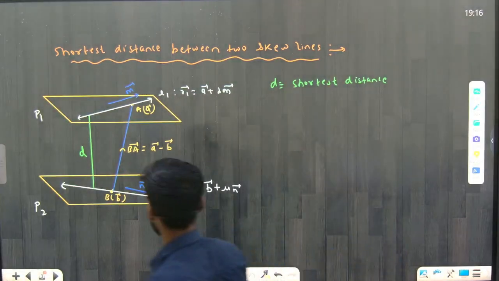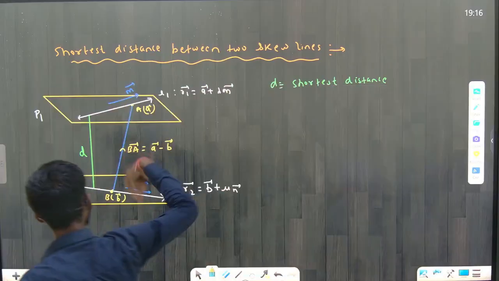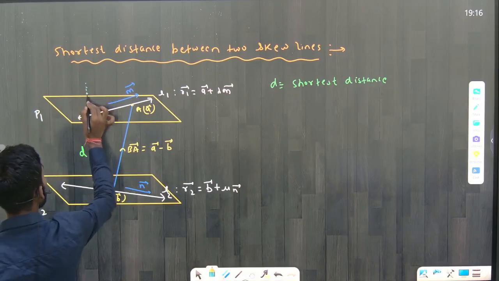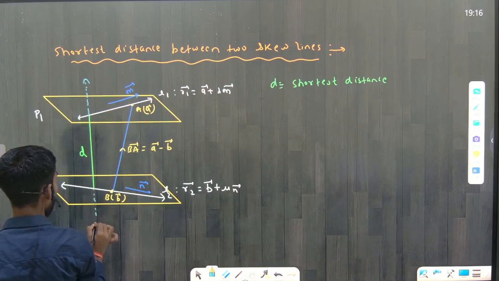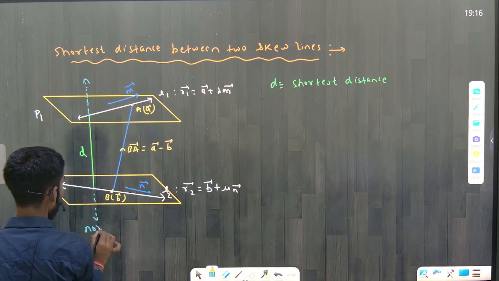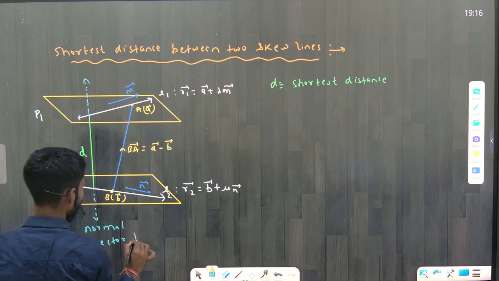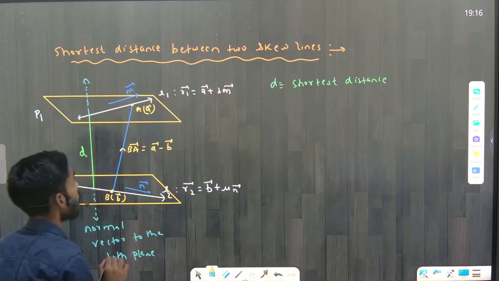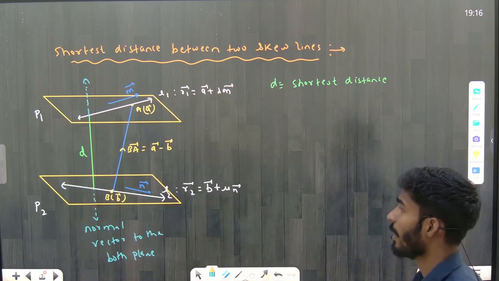And also we want to find a normal to this plane, also to the line. Then what we will do, just take a normal vector to both planes. How will we find a normal vector to the plane?